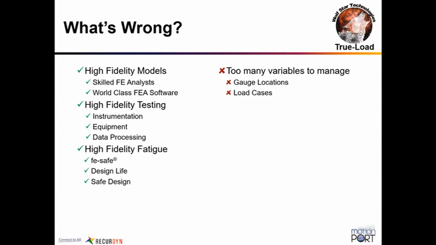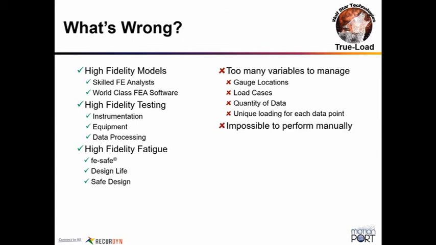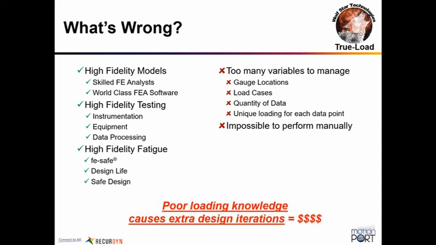If you are going to use a strain gauge approach, what are the different load cases? There's lots of data to manage and not any help in managing it. And then there's a unique loading situation for each data point. So trying to work with this data is really difficult. Again, with poor loading knowledge, extra design iterations are needed, and again, the cost in dollars and time.